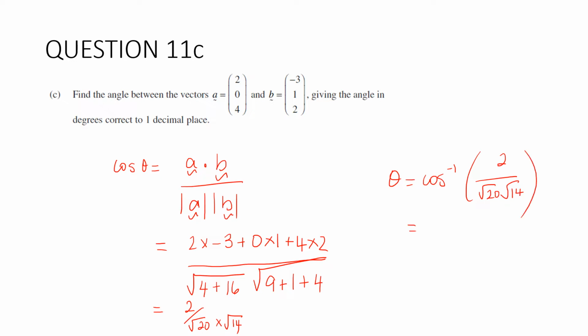I need to make sure that it is in degrees. It's not, it's in radians. So I shall change it. There we go. So inverse cos of 2 over square root of 20 times 14. Close the brackets. Degrees to 1 decimal place is 83.1 degrees.